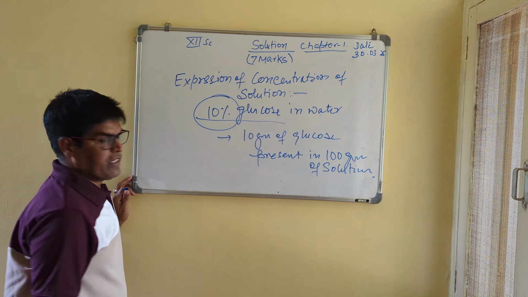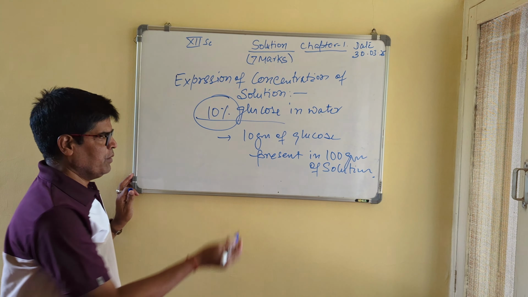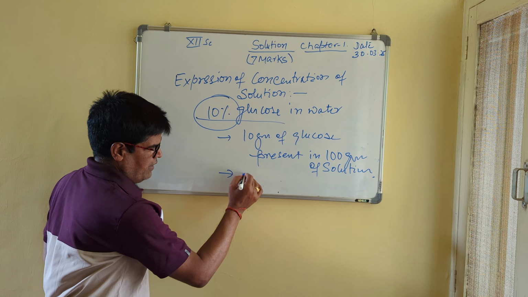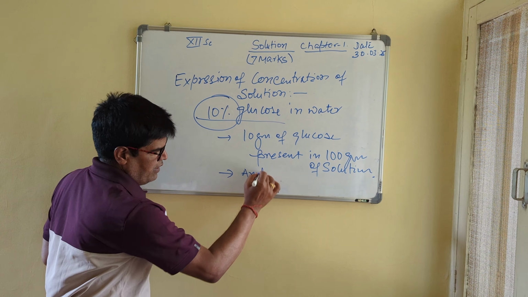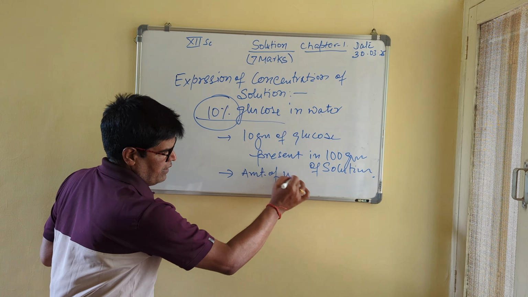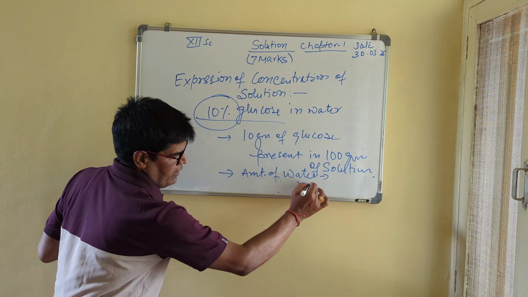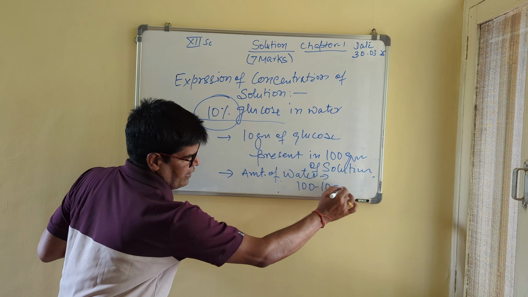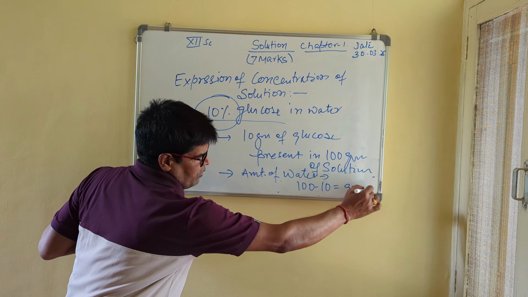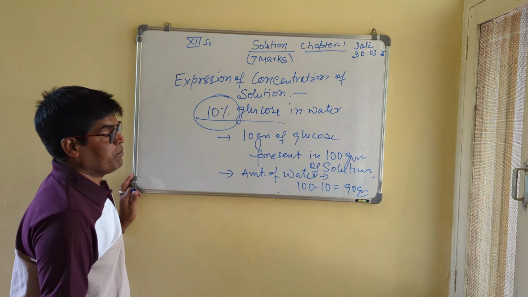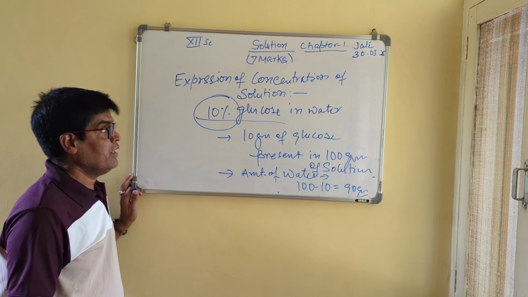So what is the amount of water in this? The amount of water will be 100 minus 10, which means 90 gram of water is present in the 10% glucose solution.